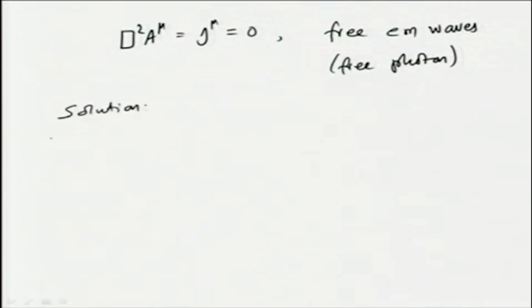Well, this is basically an easy guess. If I take A mu to be some constant 4-vector as far as x is concerned, D'Alembert is an operator which acts on the coordinates, not on the momentum.